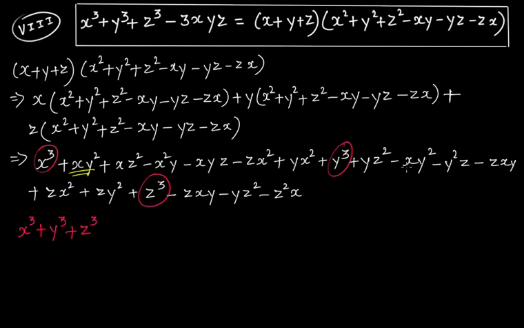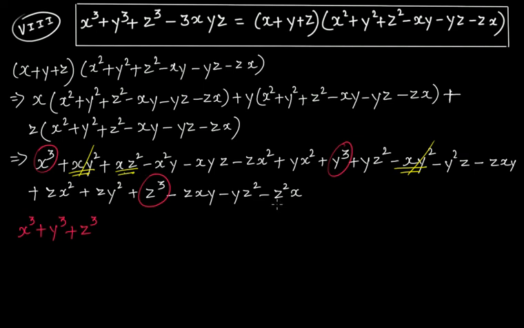Plus xy squared minus xy squared gets cancelled, right? Next, you have xz squared, and you have another, this is plus xz squared.